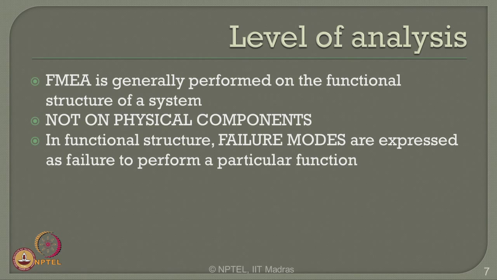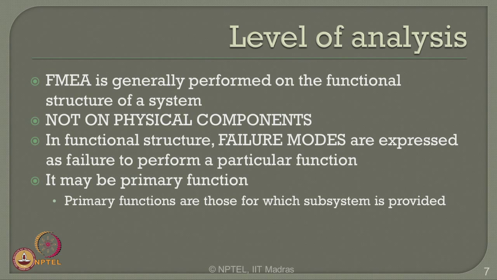The second part of FMEA is speaking about the deviation, which is addressed as level of analysis. Therefore, there is no principal difference between qualitative and quantitative risk methods of analysis. In qualitative, we speak about perceived failures, whereas in quantitative, we speak about identified failures.